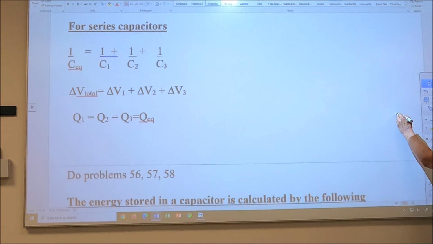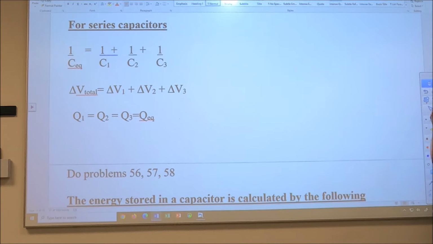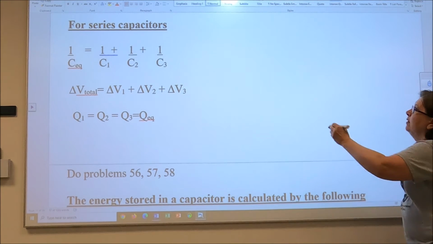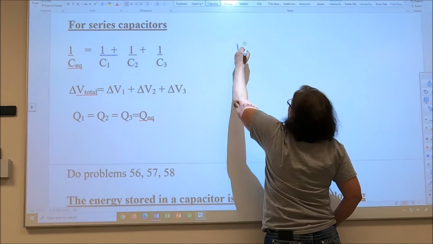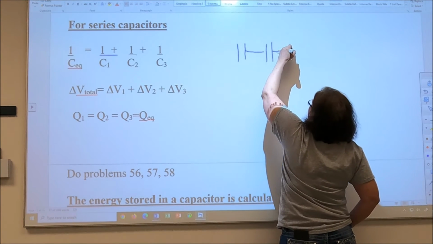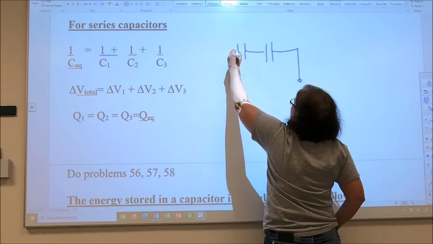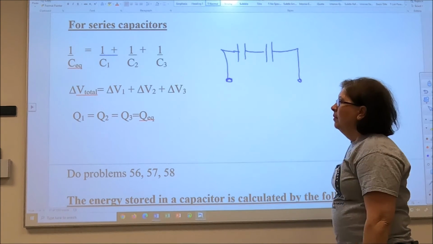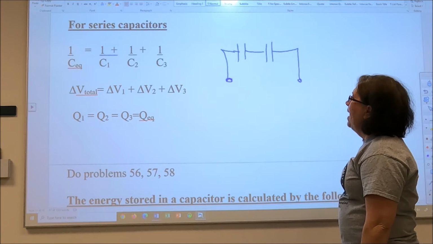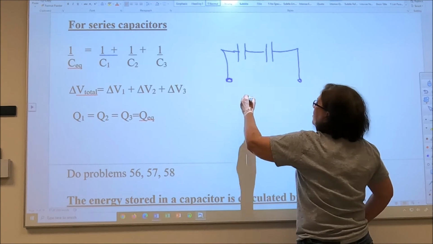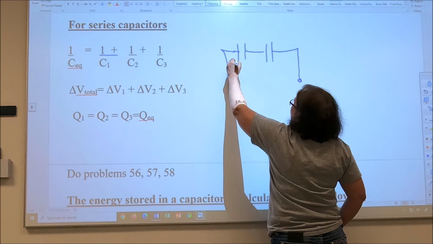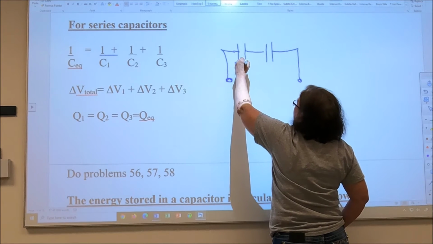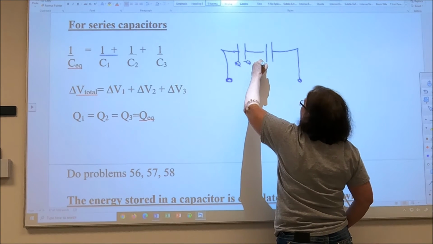Now, when we add capacitors in series, it's a little different. When I add capacitors in series, if this is a plus Q, then this is going to be minus Q, and guess what?